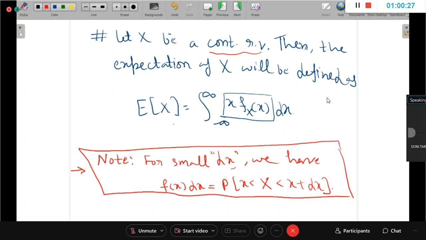Note that for small dx, fx of x dx can be looked at as the probability over the interval x to x plus dx. So for the weighted probability, you multiply by x and then integrate.